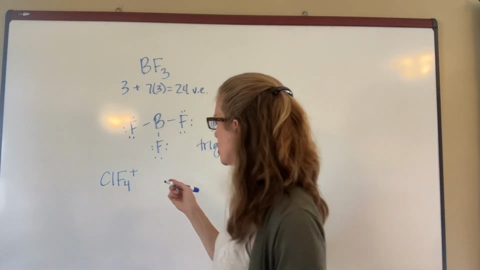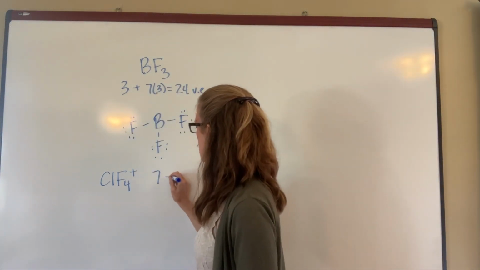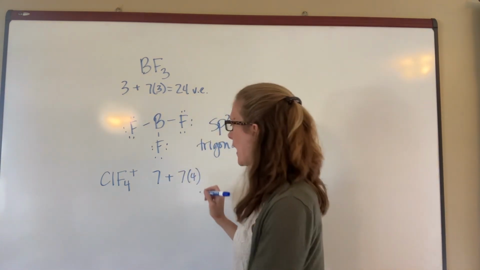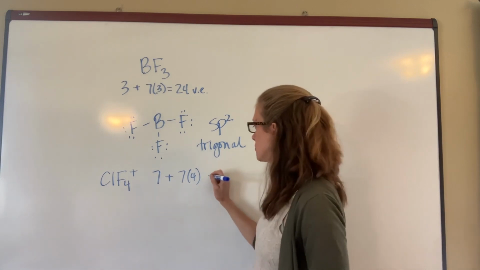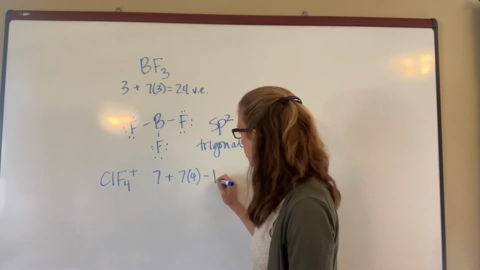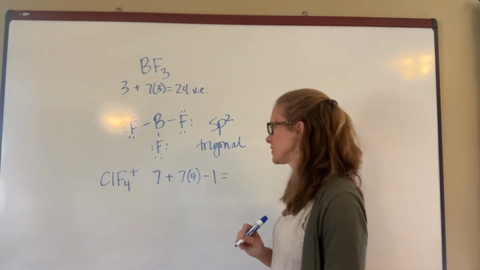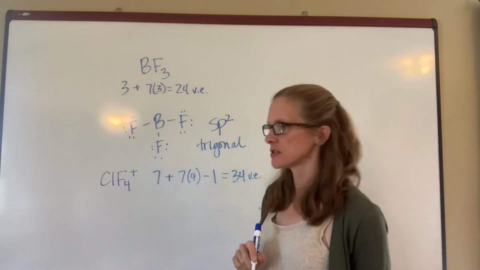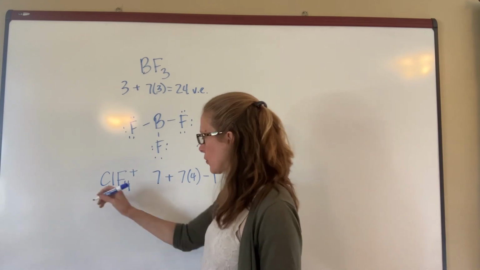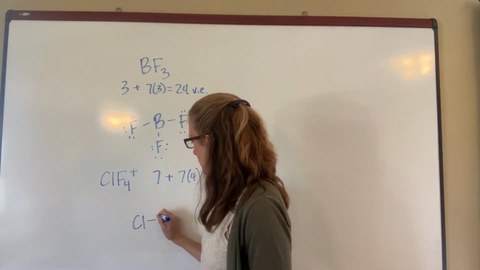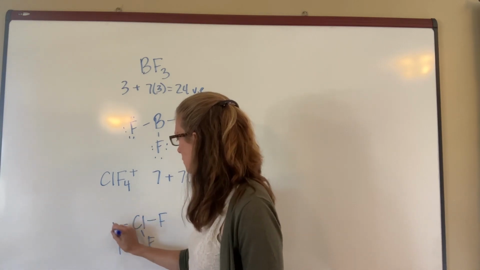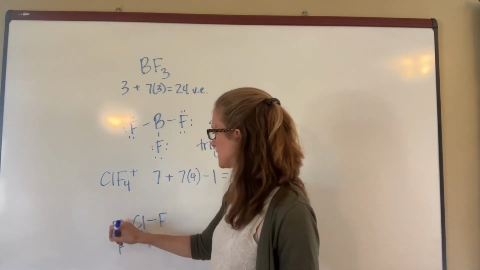Okay. So chlorine is going to have 7. Each fluorine is going to have 7, and there are 4 of them, but it's got a positive charge on it, so I have to take away one of those electrons, and so that's going to give me 34 valence electrons. All right, so chlorine is going to be central, so I'm going to join my 4 fluorines around it, and that's going to be 2, 4, 6, 8.